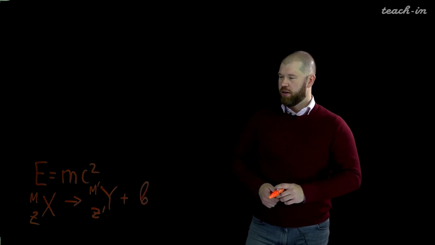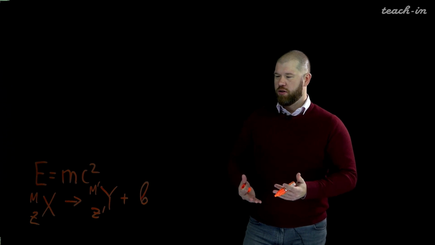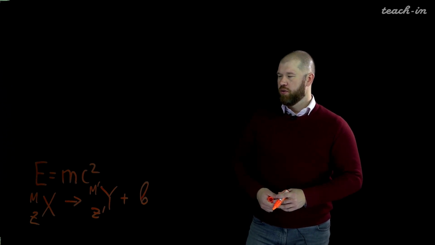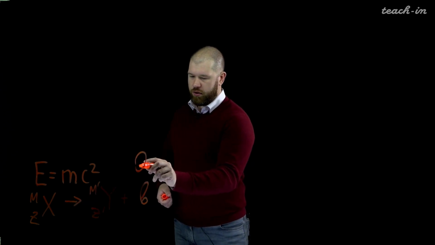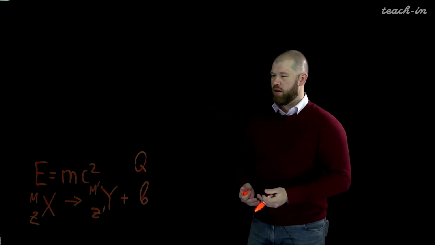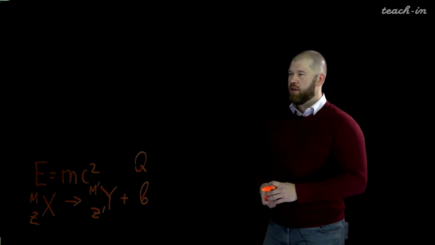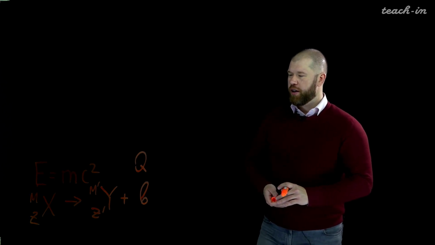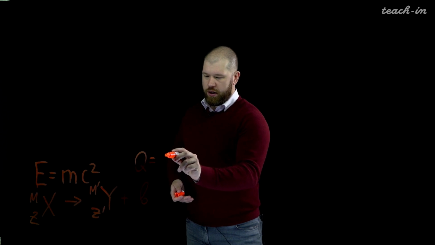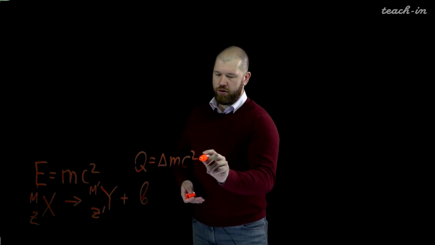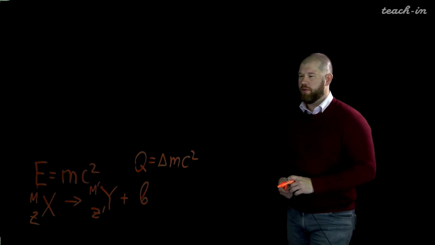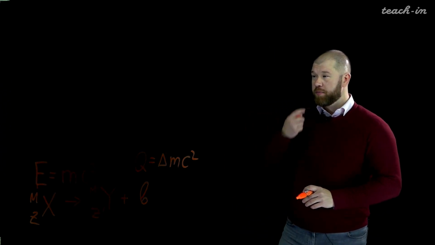And to calculate the energy that is produced during the nuclear decay, let's call it Q, like heat that is produced during the chemical reactions. It is this defect in mass multiplied by velocity of light squared.